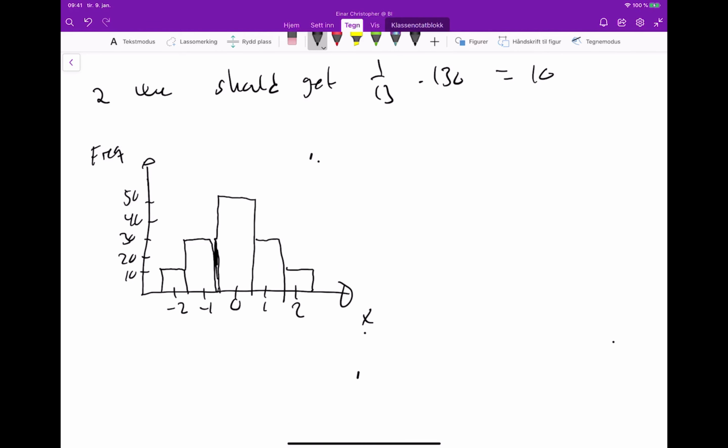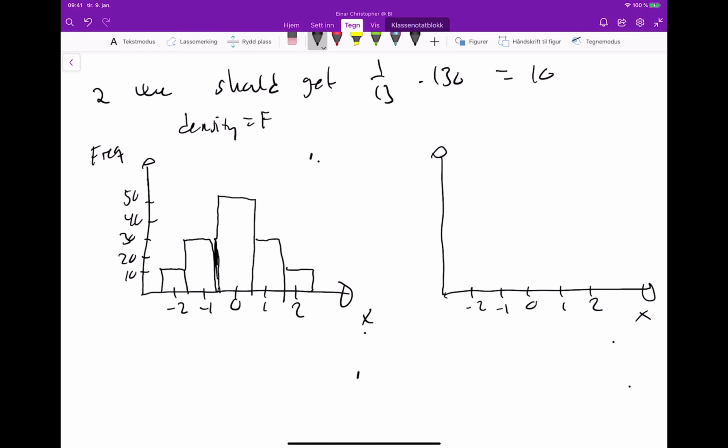You could actually also make a density plot here. How would that look like? Still x along this line. So here is density equal false. Here is density equal true. And here is 1/13, 2/13, 3/13, 4/13, 5/13.